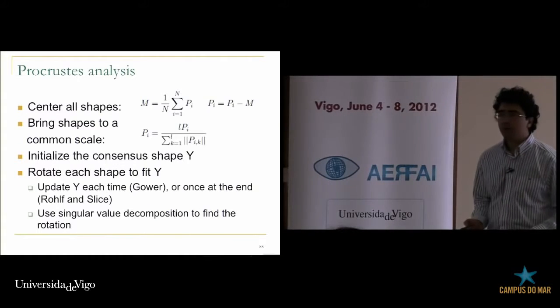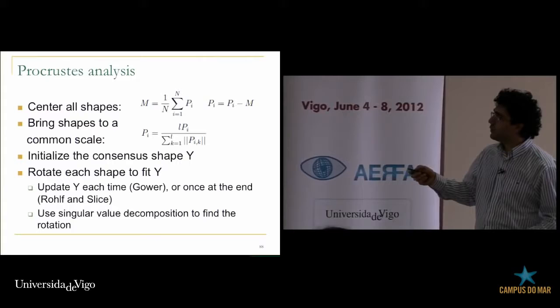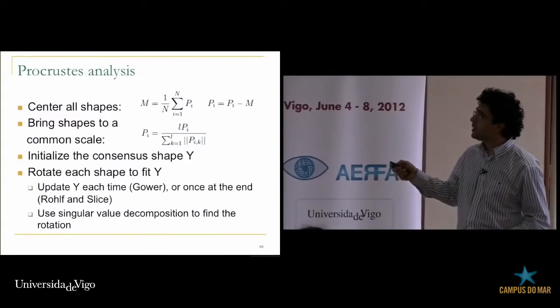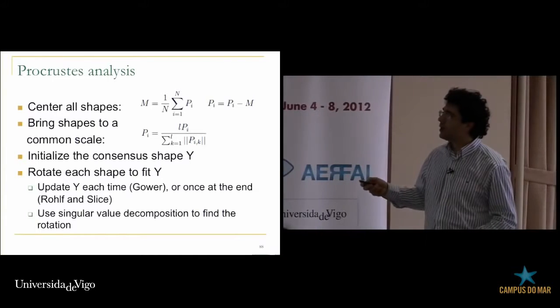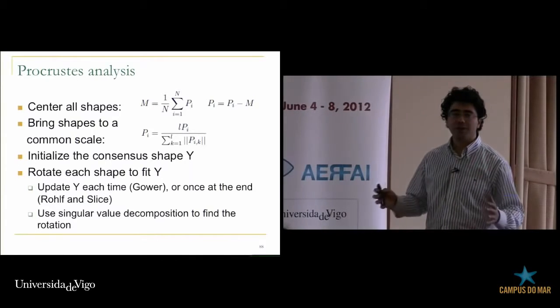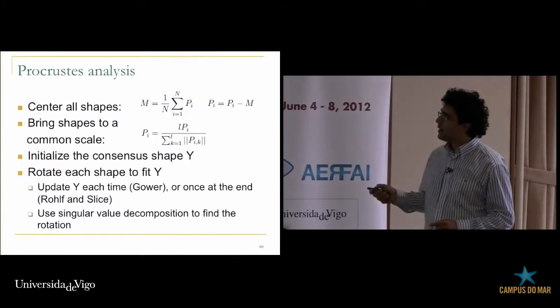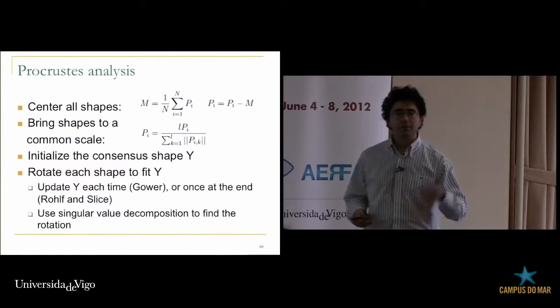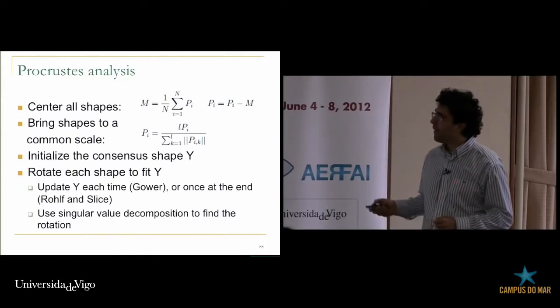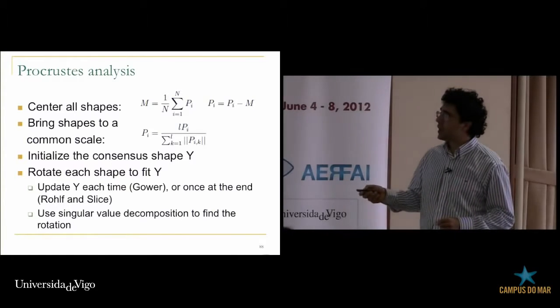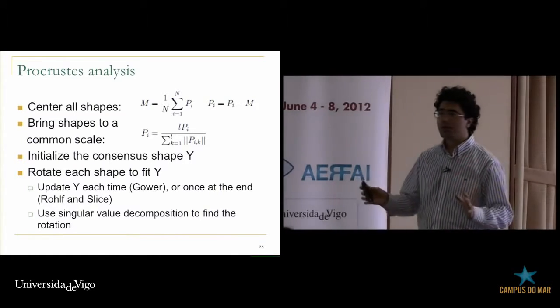And the way you perform this analysis is you first find a mean shape, you center all your shapes, then you bring all your shapes to a common scale, and then you initialize the consensus shape randomly, let's say by taking one of the shapes as the initial shape. You rotate each shape to fit this consensus shape the best.